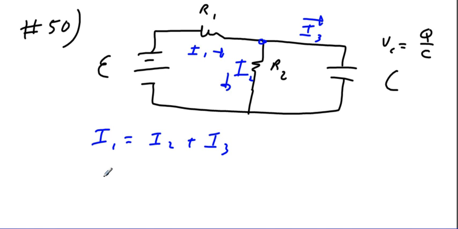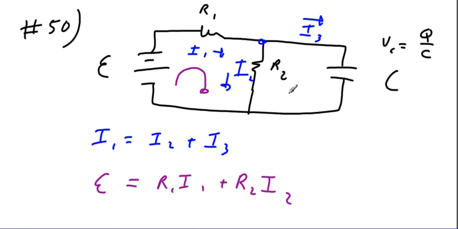When I do a loop around that way, E is going to equal R1I1 plus R2I2.